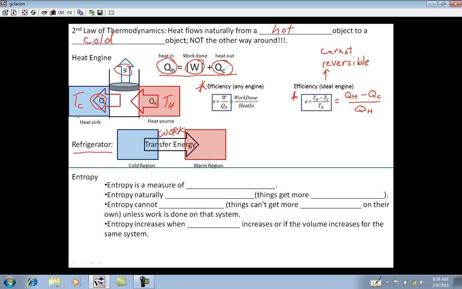Now, because of this, we can also write ratios in this particular heat engine. We could write QC over TC is equal to QH over TH. Carnot is French.